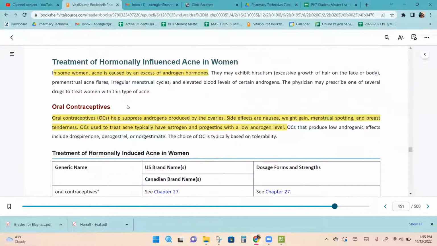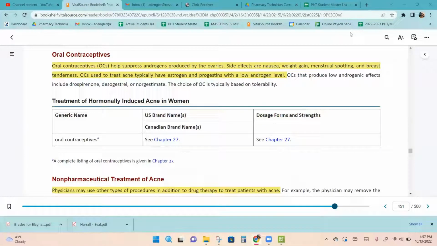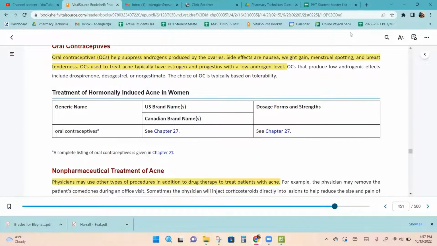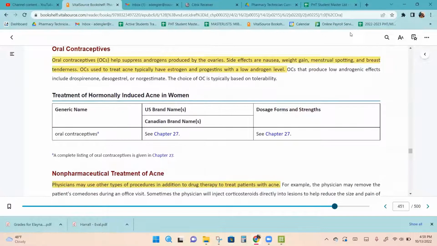In some women, acne is caused by an excess of androgen hormones. Oral contraceptives help suppress androgens produced by the ovaries. The oral contraceptives used to treat acne typically have estrogen and progestins with a low androgen level.